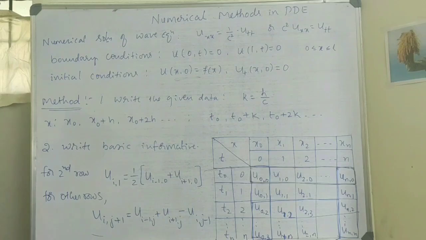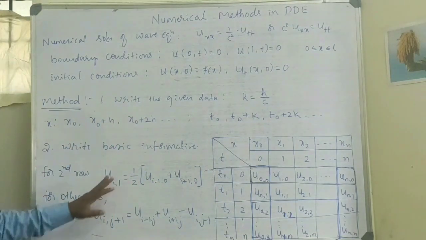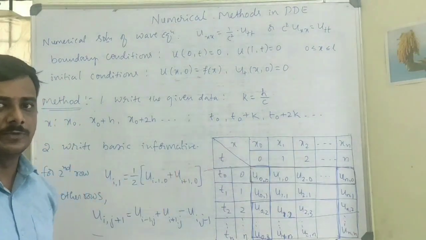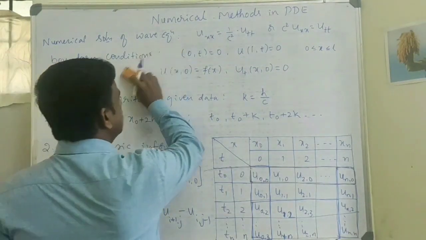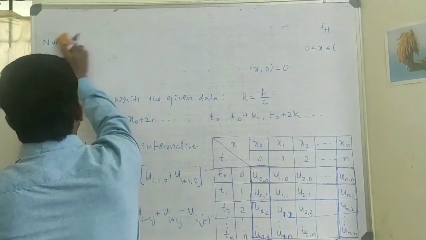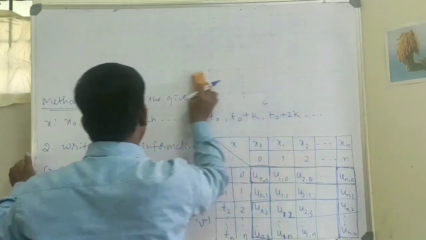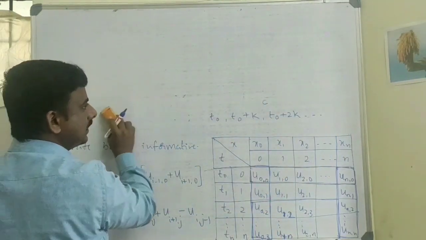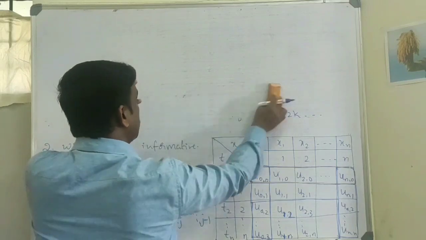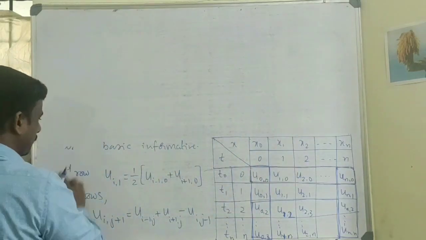Now using these entries, I have to find all other values. Then substitute all these values in this basic informative table. That will be the required solution of the given problem. So that is the way of solving a linear second order partial differential equation u double x equal to 1 by c square into u double t, which we call as wave equation.